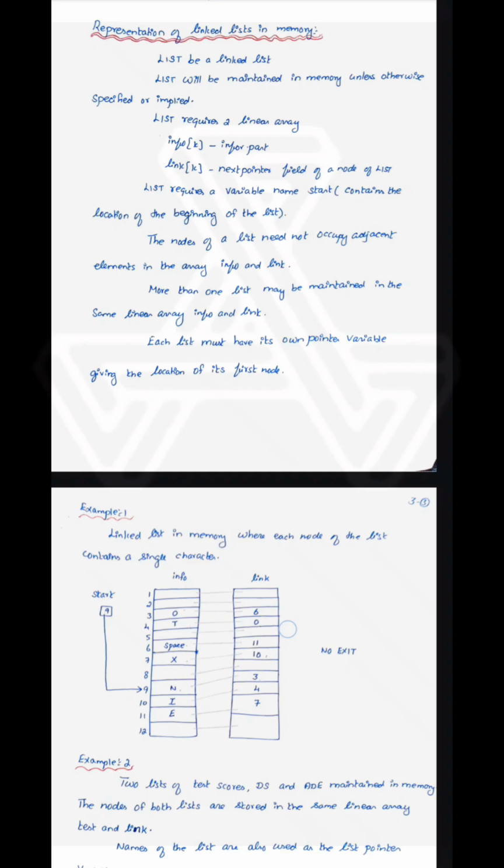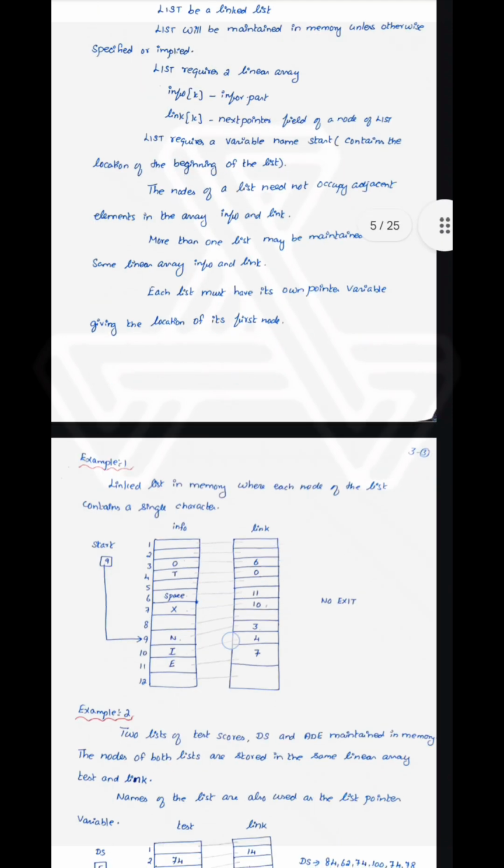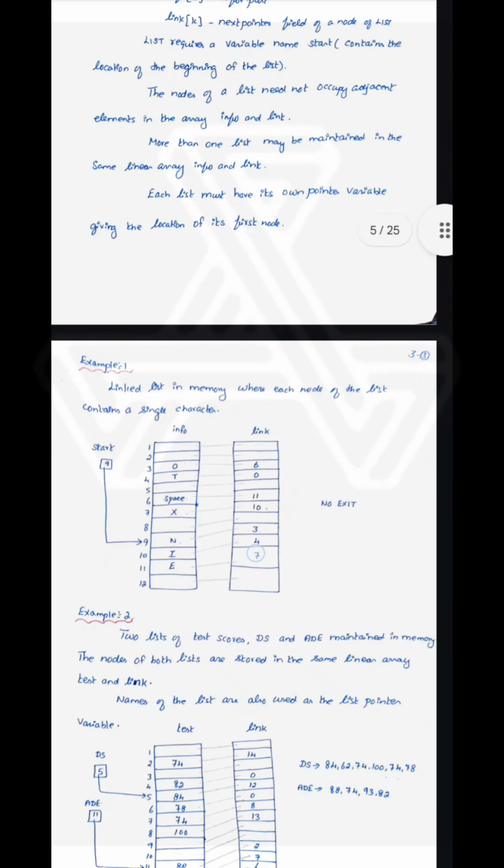The nodes of the list need not occupy adjacent elements in the arrays INFO and LINK. More than one list may be maintained in the same linear arrays INFO and LINK. Each list must have its own pointer variable giving the location of the first node.